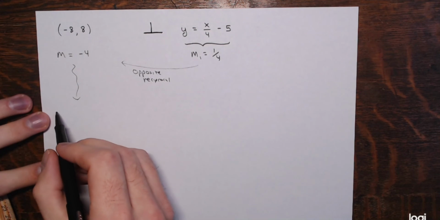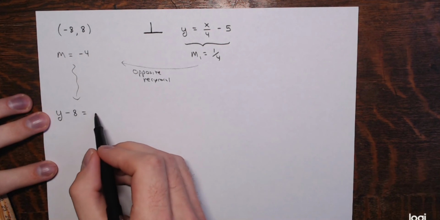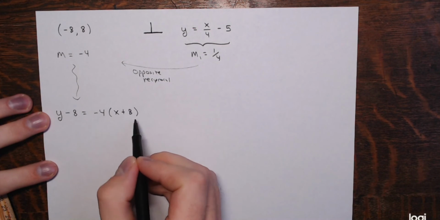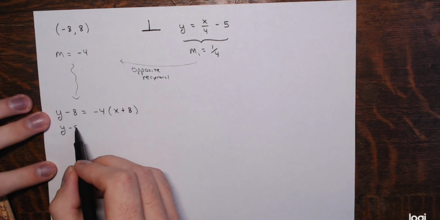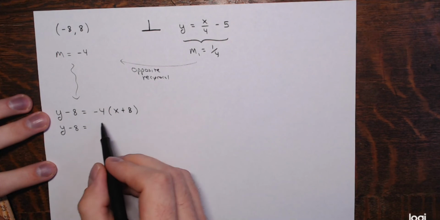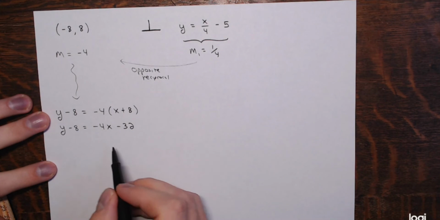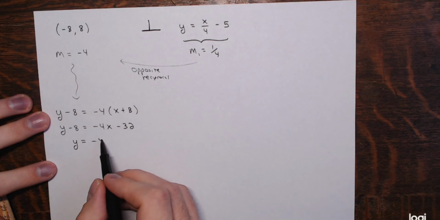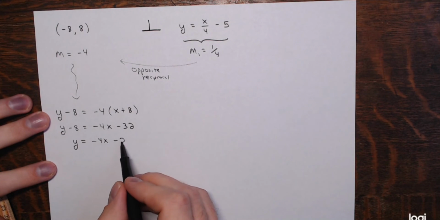In point-slope form, that'd be y minus 8 equals negative 4 times the quantity x minus negative 8, x plus 8. So y minus 8 equals, distributing the negative 4, negative 4x minus 32, and then adding 8, y equals negative 4x, and negative 32 plus 8 would be negative 24.